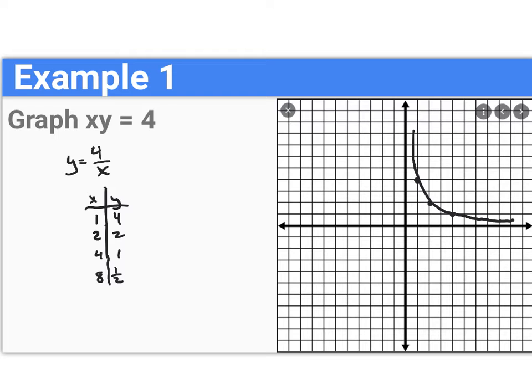And because x is on the bottom, if we set x equals 0, that means x equals 0 is a vertical asymptote of this function. When x equals any constant, it's a vertical line.